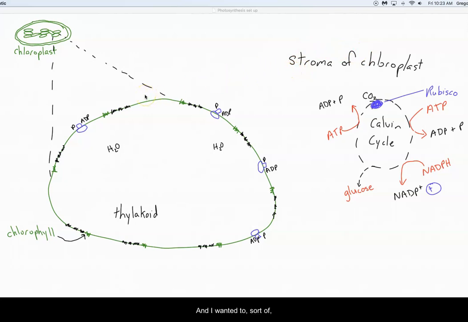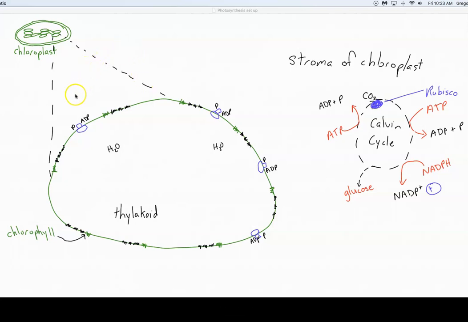And I wanted to sort of show you how energy is harnessed by the chloroplast, initially in the light-dependent reactions, and then how that energy that's initially harvested is used to create stored chemical and organic energy as glucose.